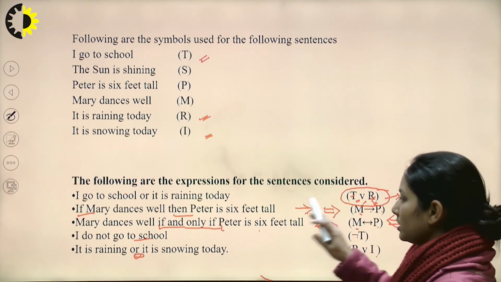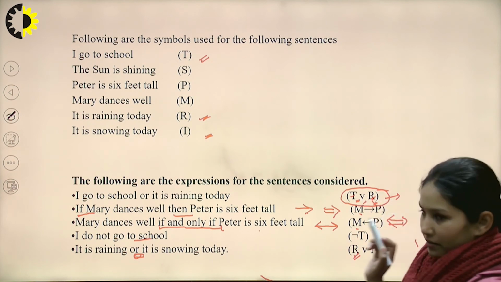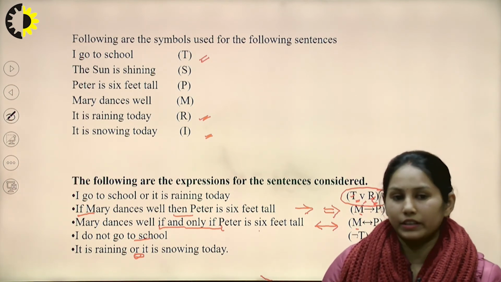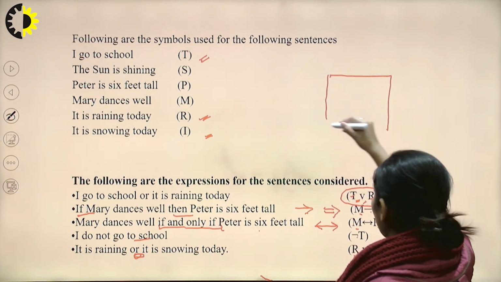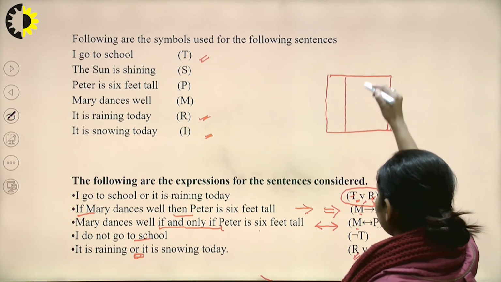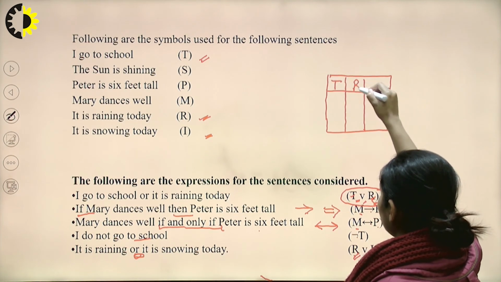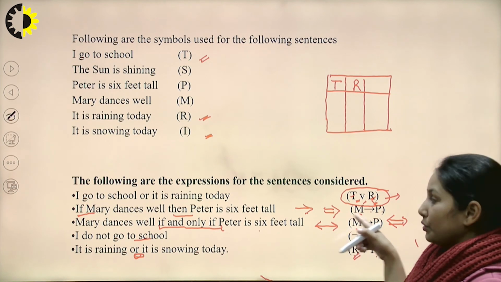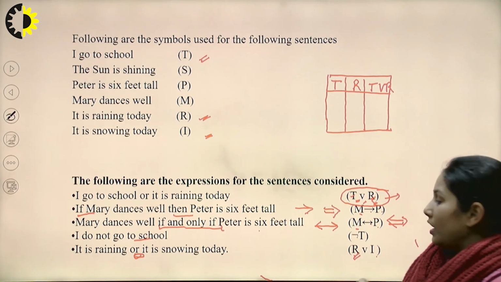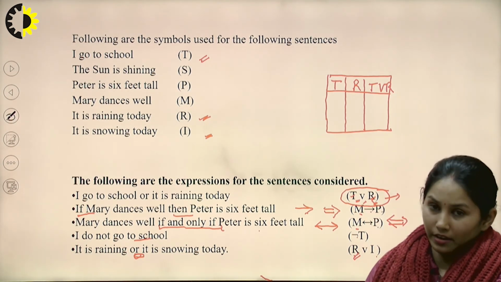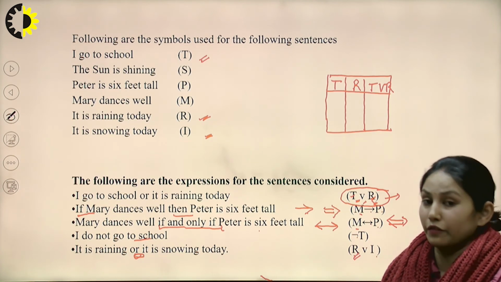In this particular example, like we were dealing with before, T or R: I am going to school or it is raining today. If I want to create a truth table for T or R, I make a table and write T, R, and the logic I have already deduced from this statement, T or R. There are only two variables here, so we will be dealing with 4 rows, 4 options only.